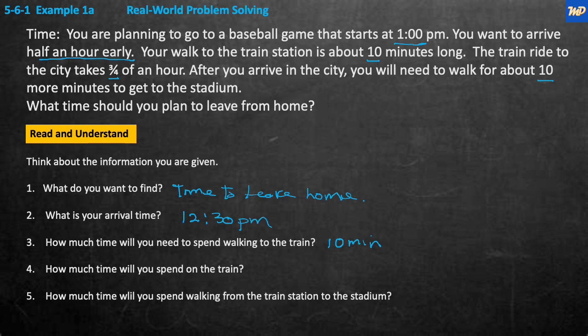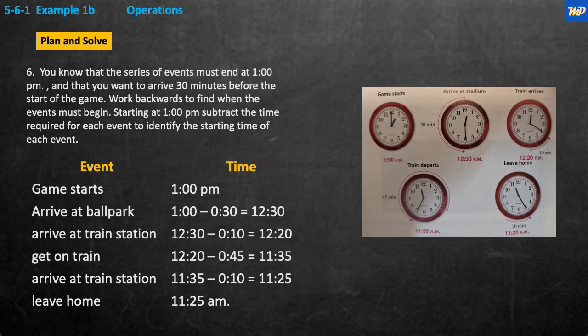It says 3/4 of an hour. Well, that's 45 minutes. And then how much time will you spend walking from the train station to the stadium? That's another 10 minutes. Okay? Good deal.